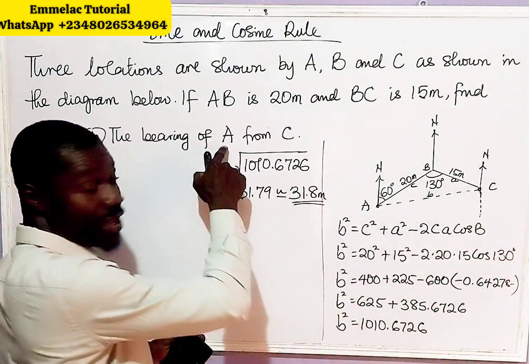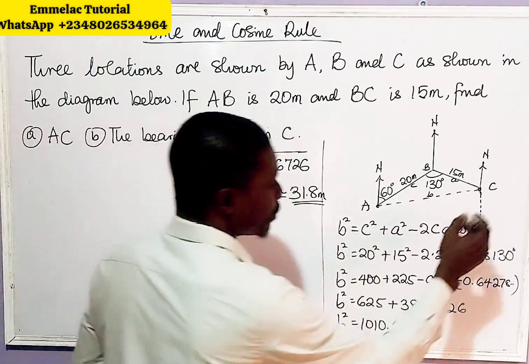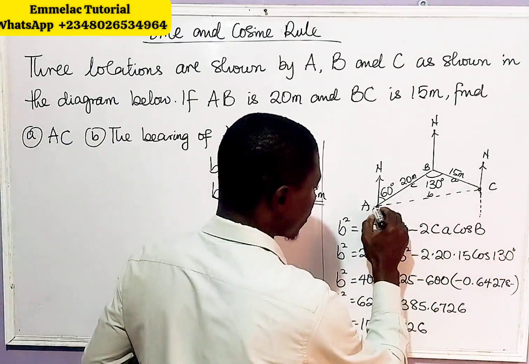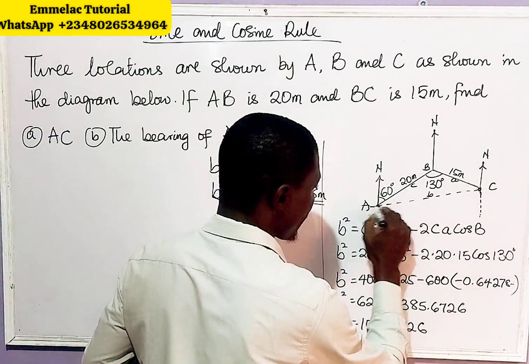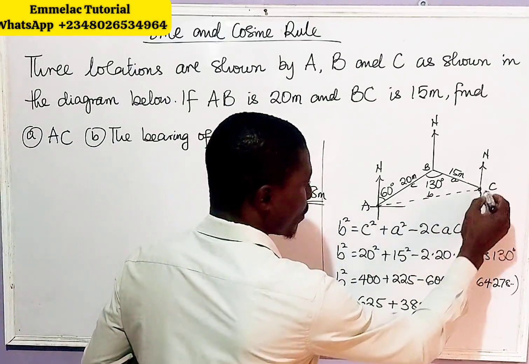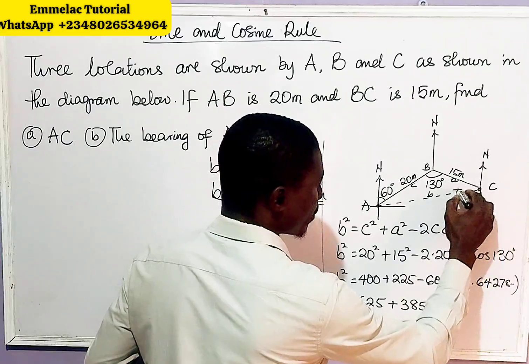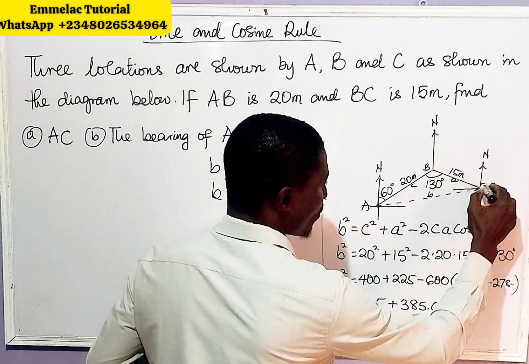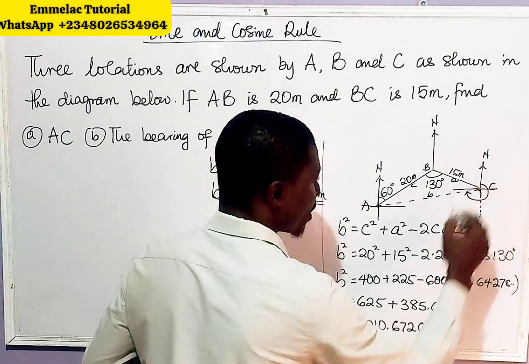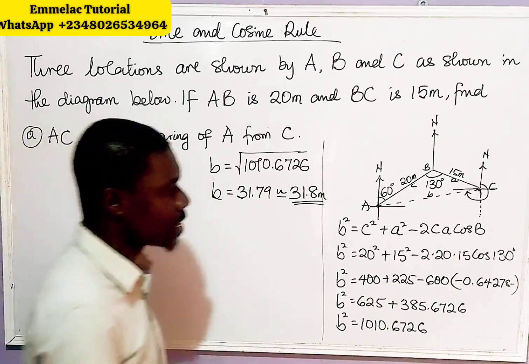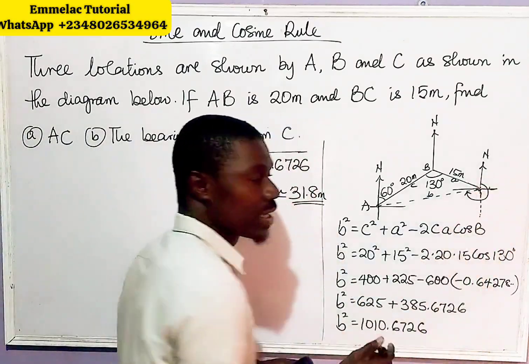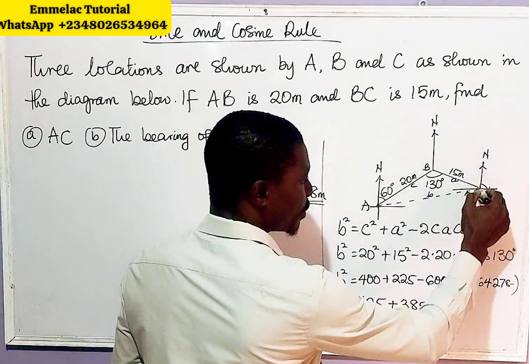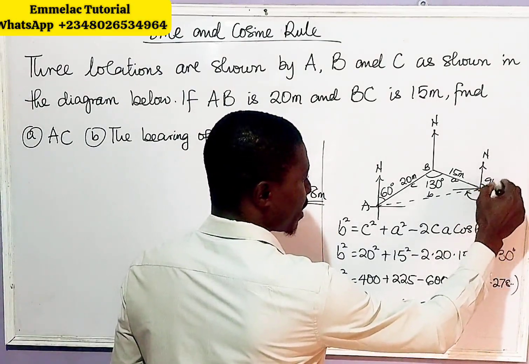Since it is the bearing of A from C, we have to take it from here, take note. That will be from here. Let's cut this. So from here down to this point here. Now let's take note that this angle is known already because it's complete, 90.